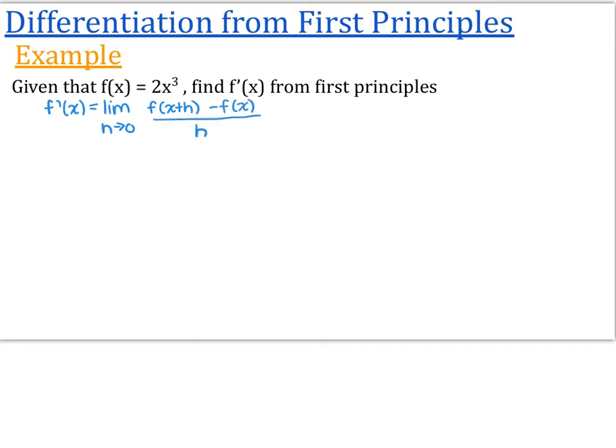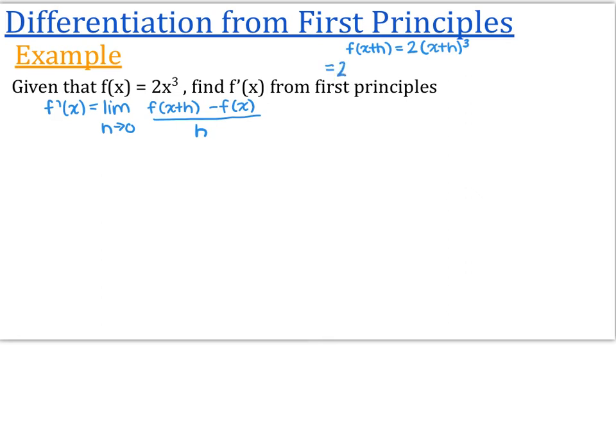all over h. And then I'm going to try to do my working out at the top as well in the interest of space. So f of x plus h is equal to 2 times x plus h all cubed. So I'm going to try to use what I know about binomial expansion. Let's see if this is a good practice for that.